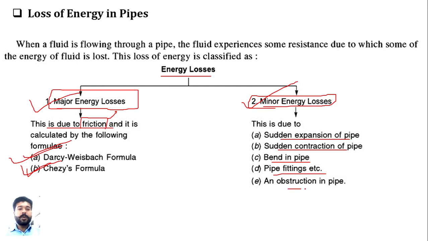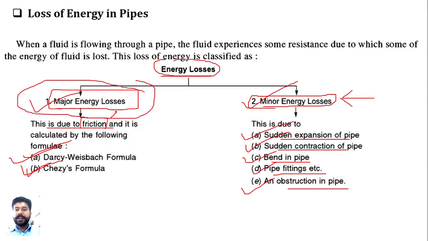These are the different possibilities because of which the fluid faces resistance in the pipe. This type of loss is called minor energy loss, and the major energy loss occurs due to friction in a pipe. So today's session is basically on the major energy losses which occur in a pipe.